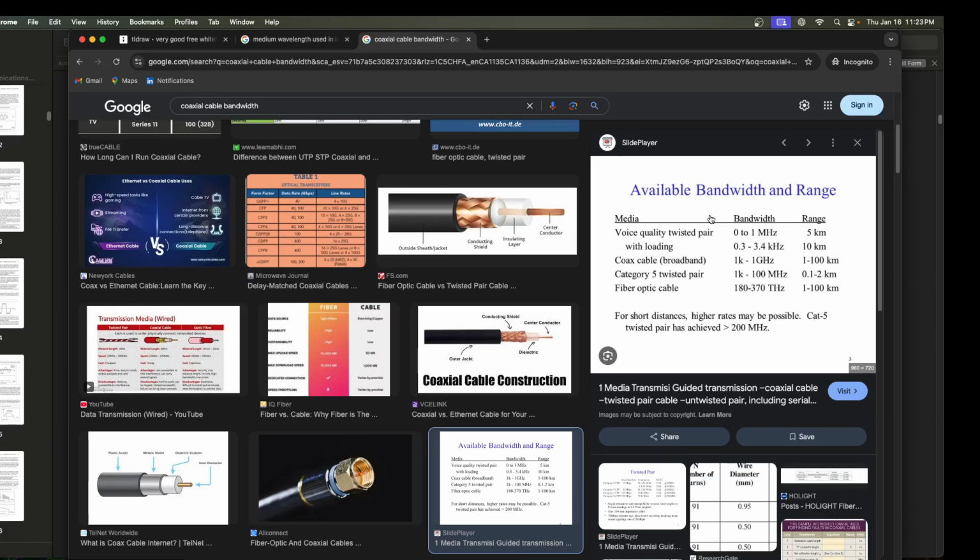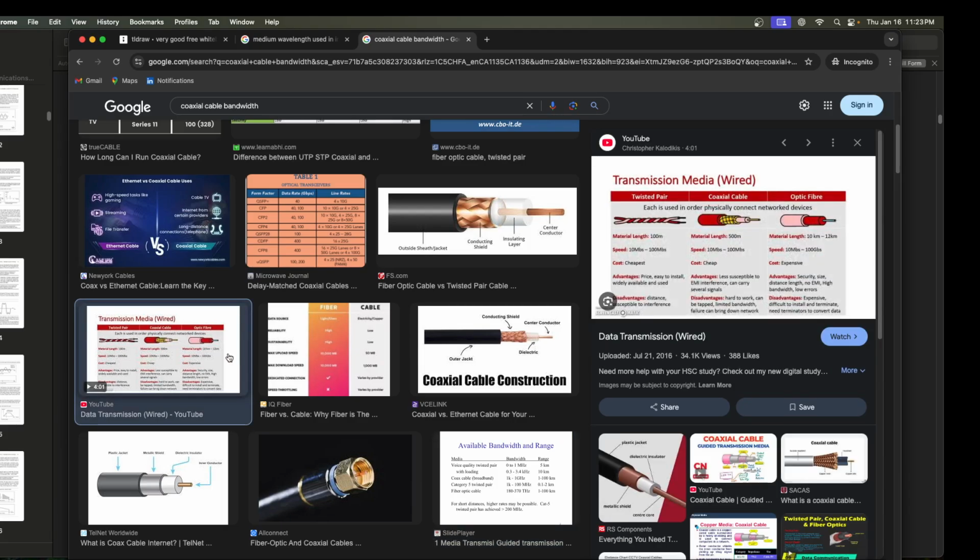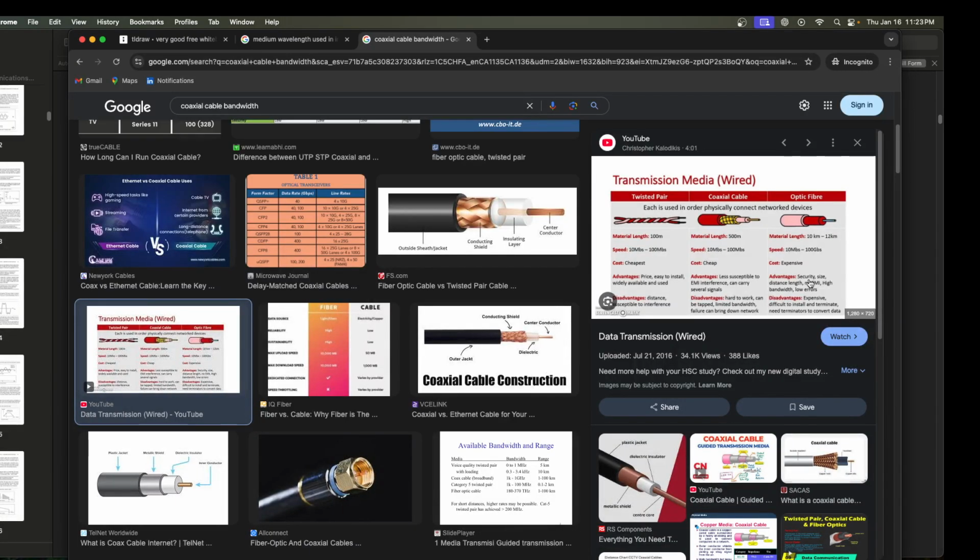So there are two things. Forget about fiber optic right now. So we have different types, right? We have twisted pair, 1K to 1 gigahertz for shorter distance. So over this you can use, they would work. That's what he's trying to say. Oh, this is nice. This is a YouTube video. If you see this, the speed.